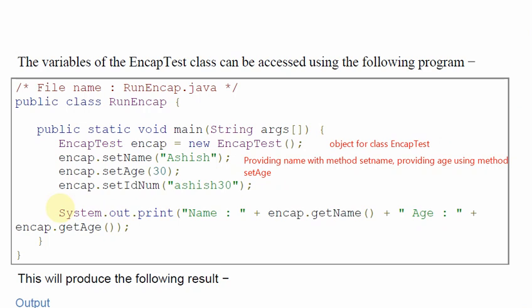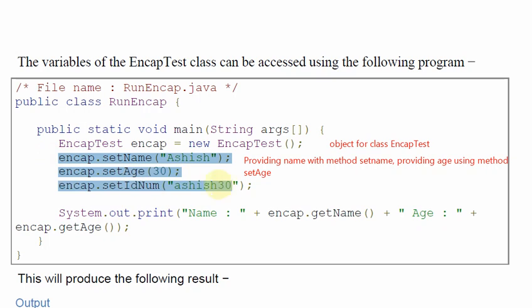If I want to print all of these, I am only printing the name and the age. There are two methods only: set method and get method. The set method is used to provide accessibility, and using the get method we print all the variables required.